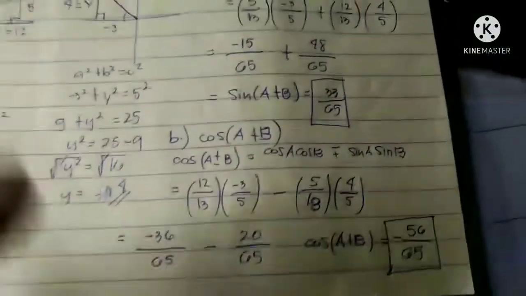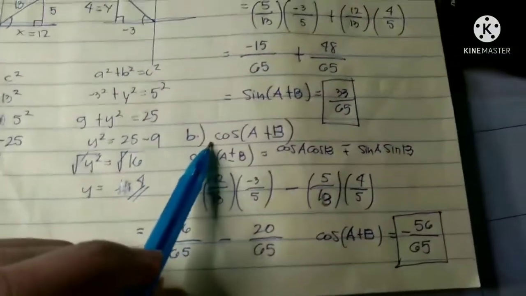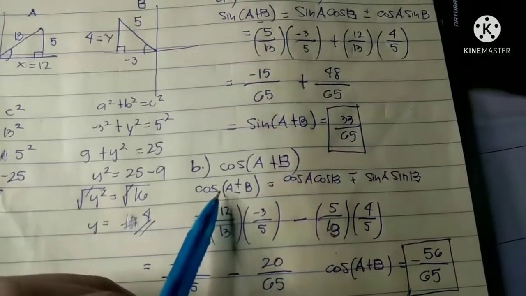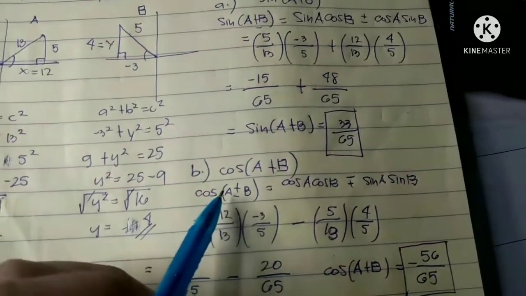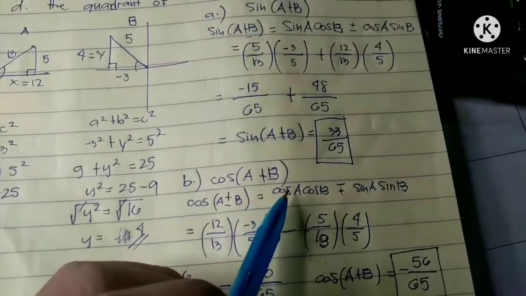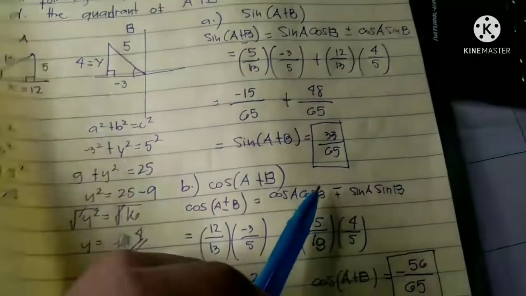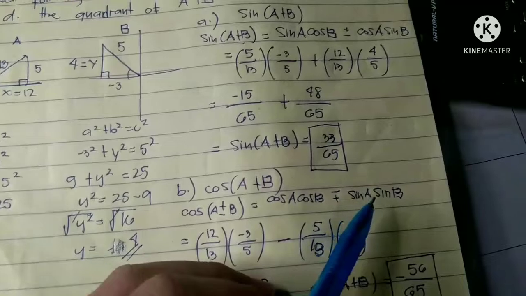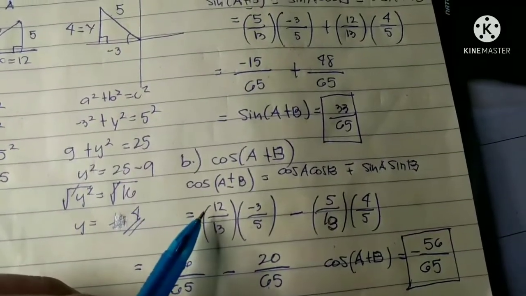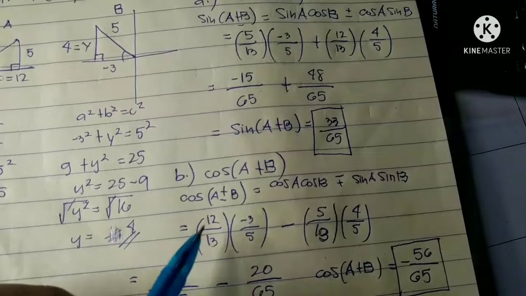Up next, we have here cosine a plus b. So cosine quantity a plus b is equal to cosine a cosine b minus sine a sine b. So our cosine a is 12 over 13.